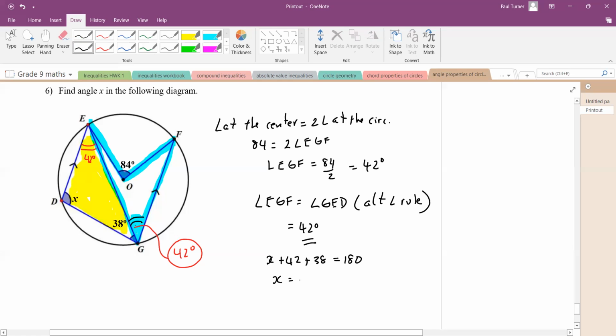So X is 180 minus the sum of those two angles, 42 plus 38. And when you do that, you'll get X equals 100 degrees. And that's your required answer for this angle here.